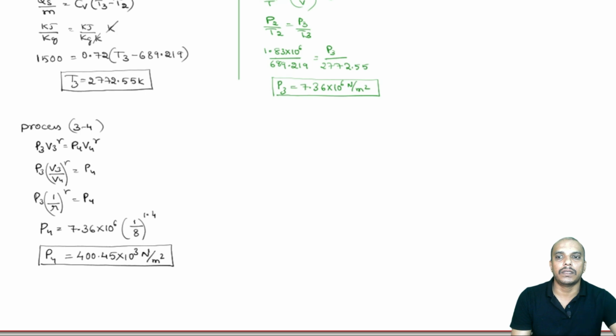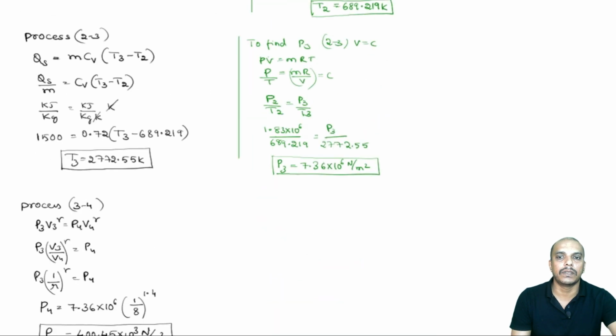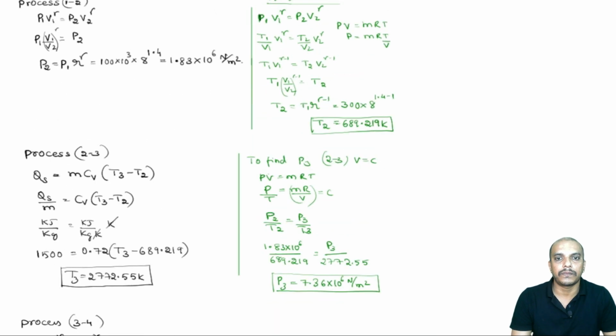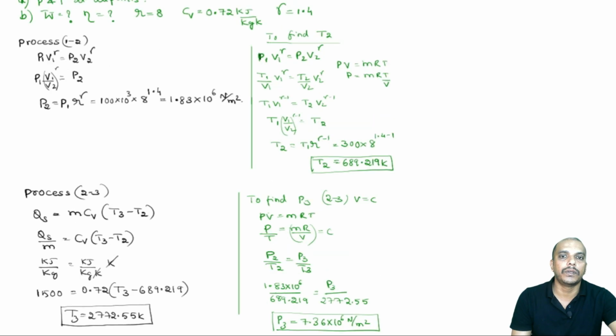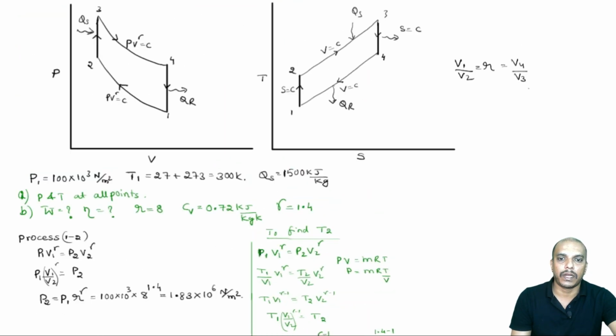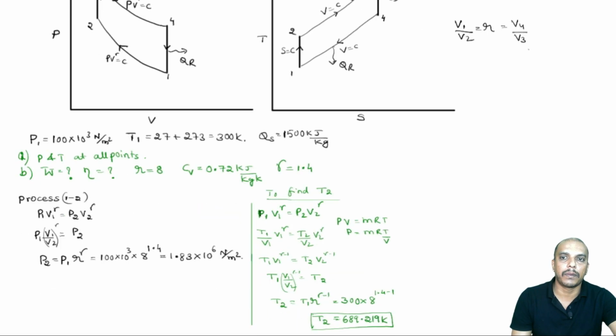Let us go for the temperature and temperature ratio. This is what we can use. If you see here, T1 V1 power gamma minus 1 will be equal to T2 V2 power gamma minus 1. You can do this again between 3 and 4, or you can also use it like T2 is equal to T1 R power gamma minus 1.